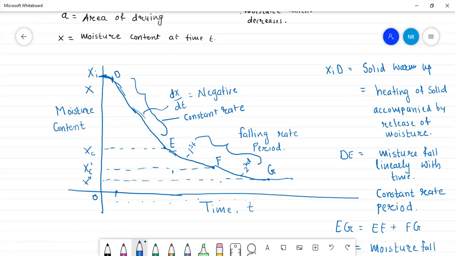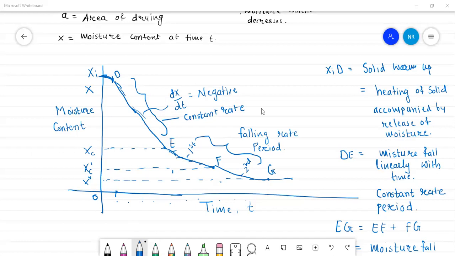Using the different slope values, we can know the slope for E to F and F to G. It will be different at different times, because it's non-linear in nature.